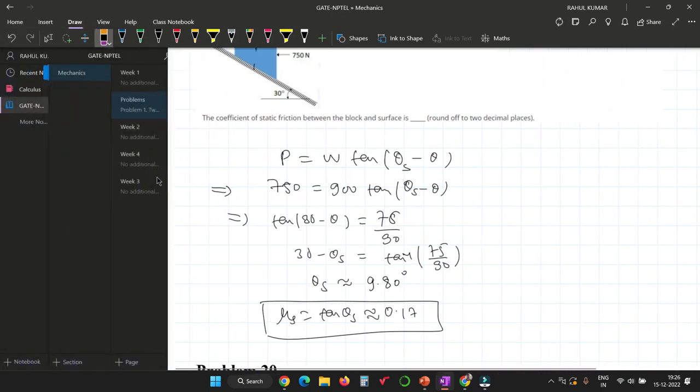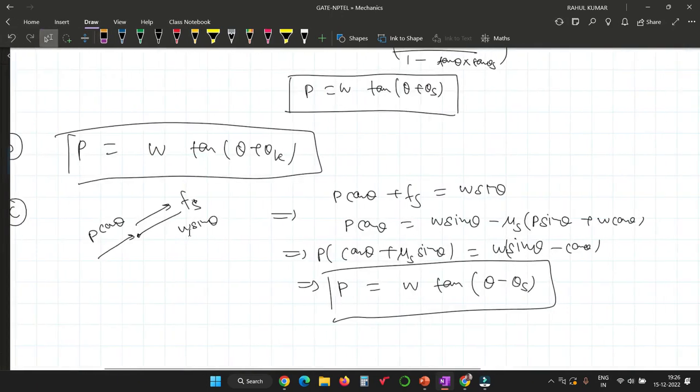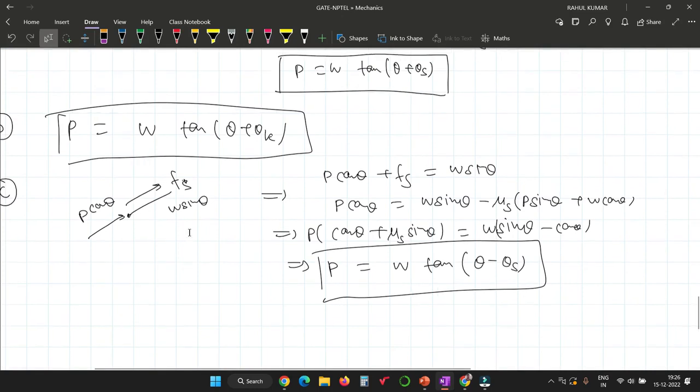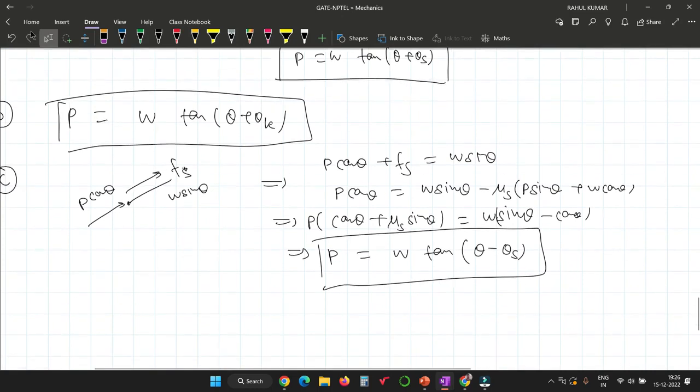What is the derivation? Theta minus theta s.